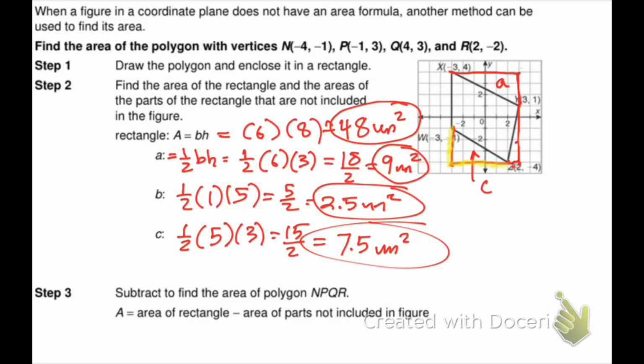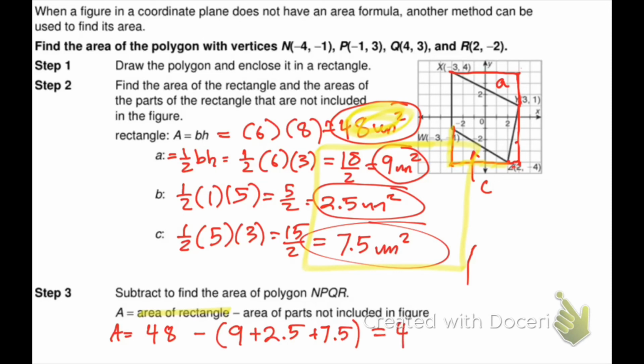So to solve for the total area, we'll take the area of the rectangle, which is 48. We're going to subtract the total added area of the 3 triangles, those 3 numbers right there. So 9 plus 2.5 plus 7.5.